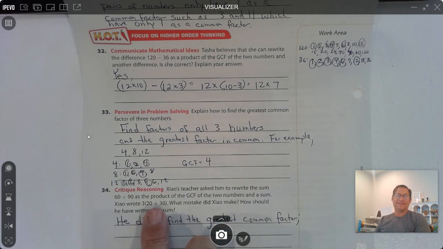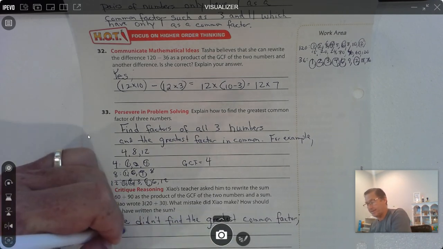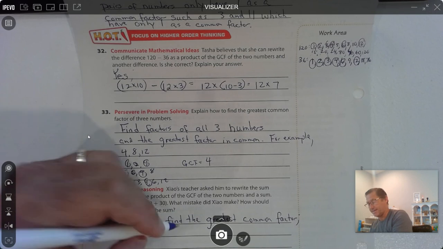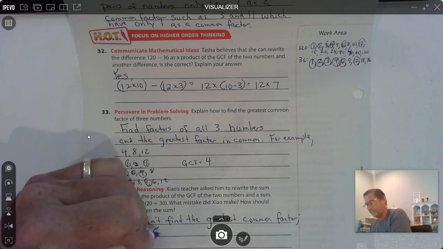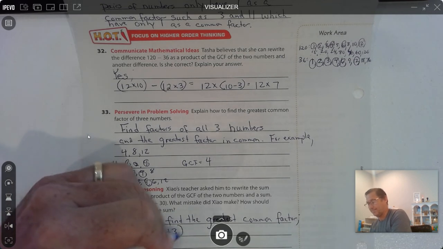So I know that 10 is the greatest common factor of these, right? 10 times 2 is 20. 10 times 3 is 30. So he should have pulled out an extra factor of 10. So he should have written it as 30 times 2 plus 3.